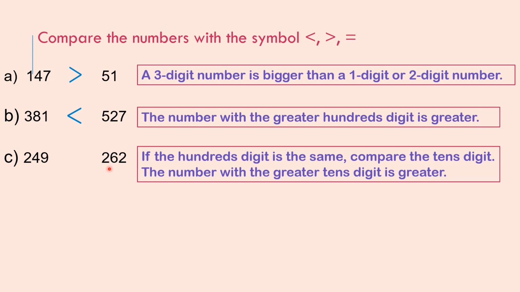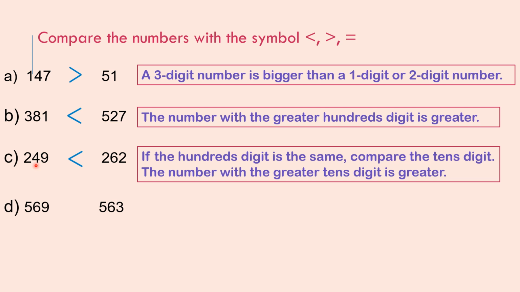So 262 is greater. So the symbol we use here is again: 249 is lesser than 262, because 262 is a bigger number as it has tens digit more than 249.